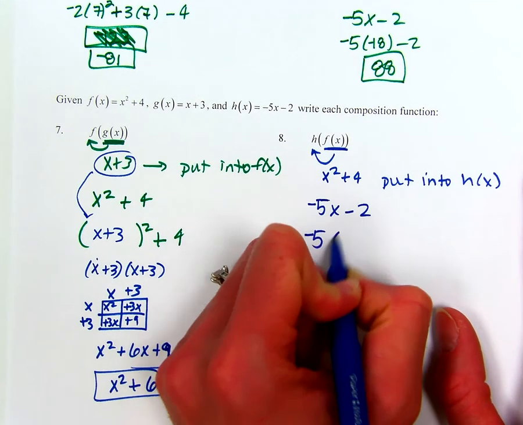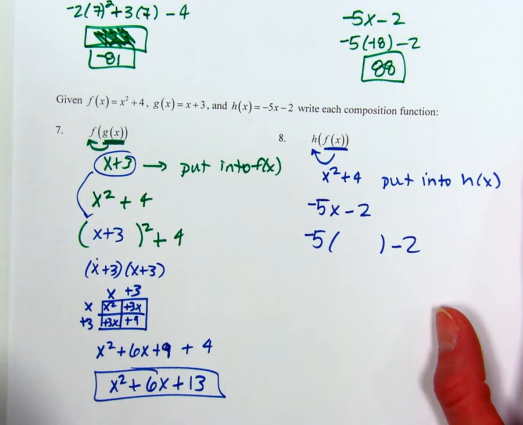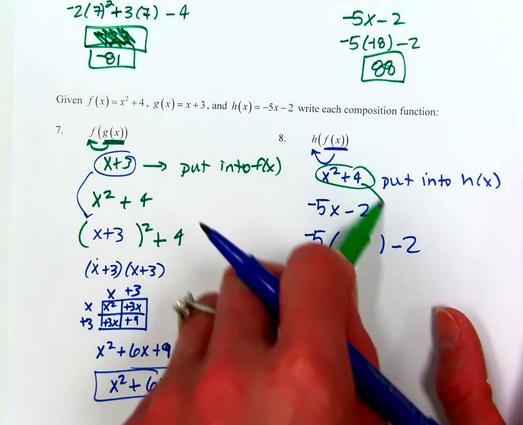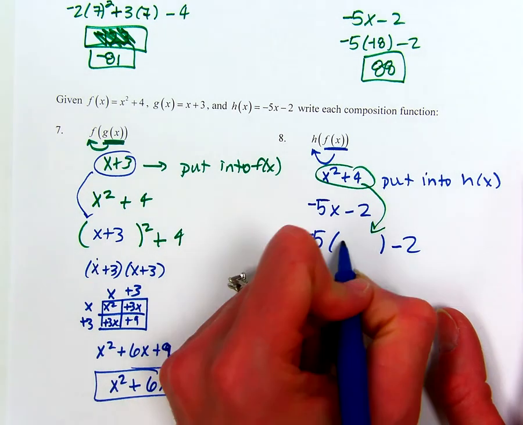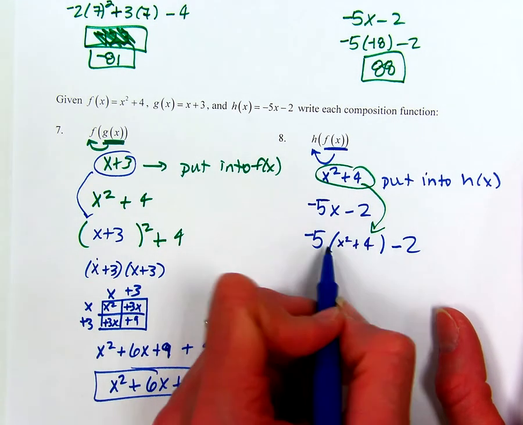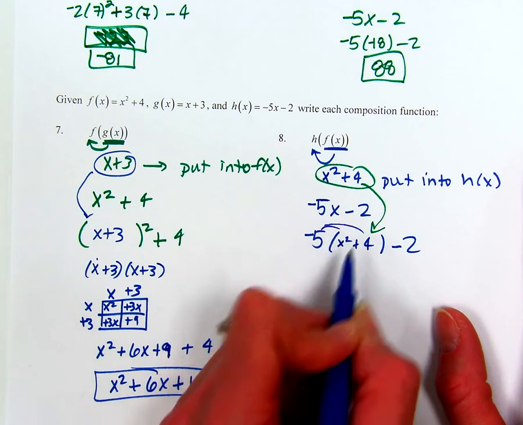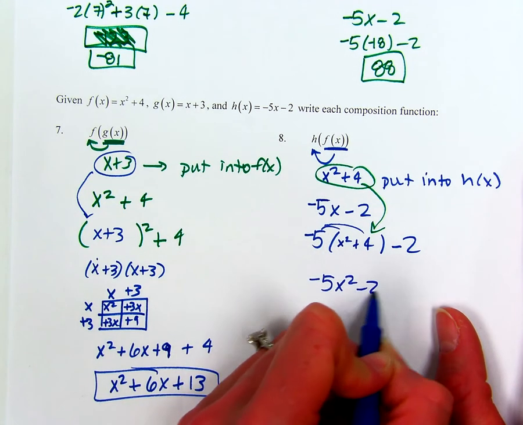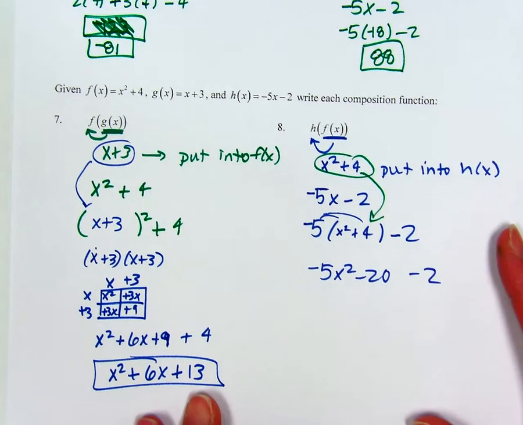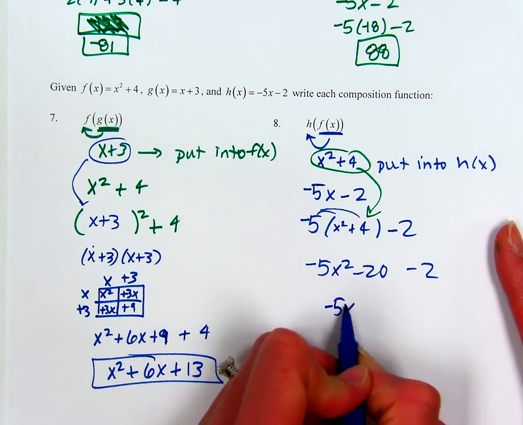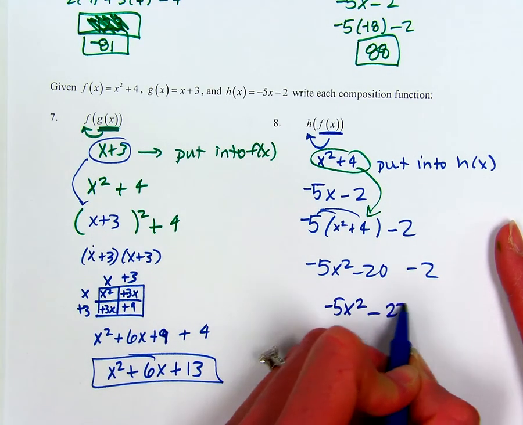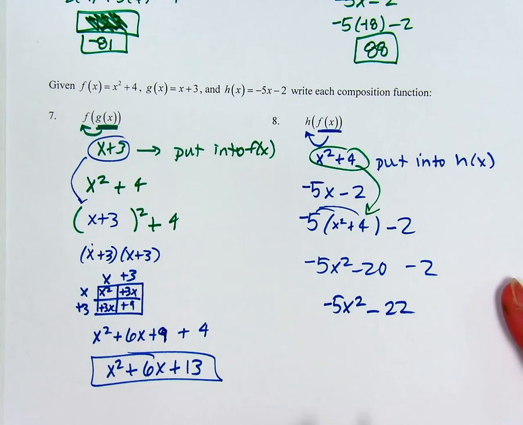We don't want to use x anymore. We're taking this whole quantity, putting it in here. X squared plus 4. All right, so negative 5 times this, we're just distributing. Negative 5x squared minus 20, and we'll bring down our minus 2. So combine my like terms, and I get negative 5x squared minus 22. I'm all done.